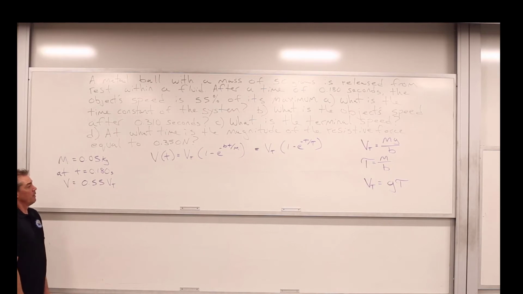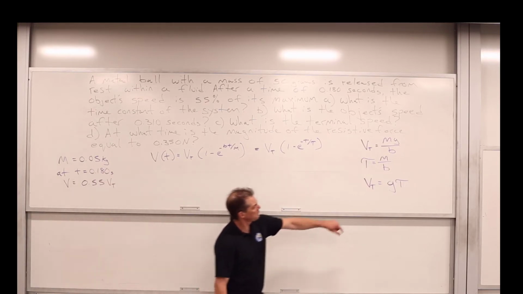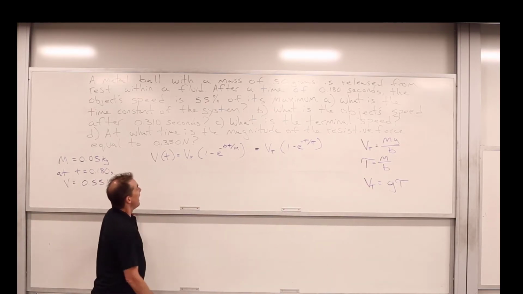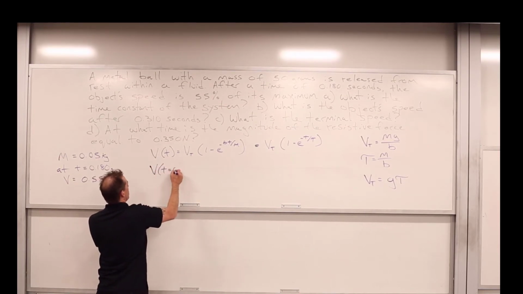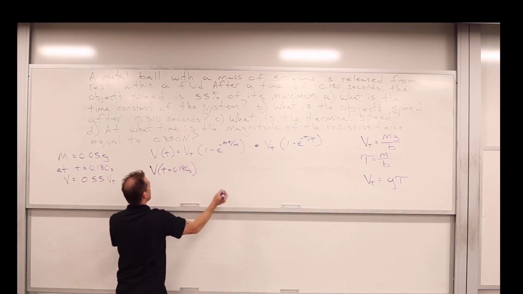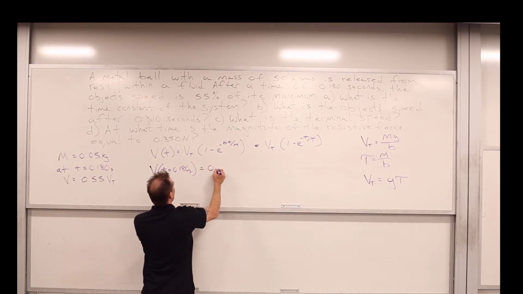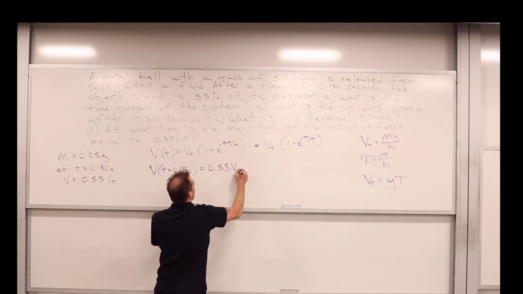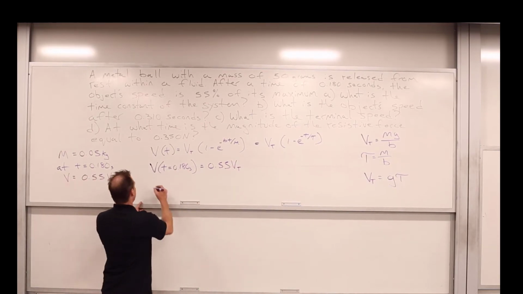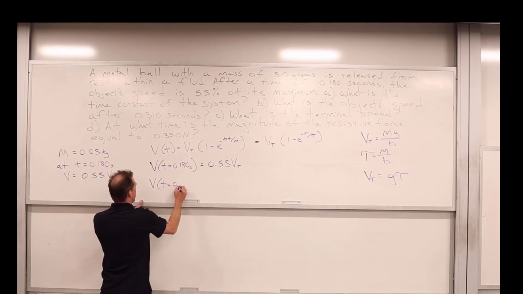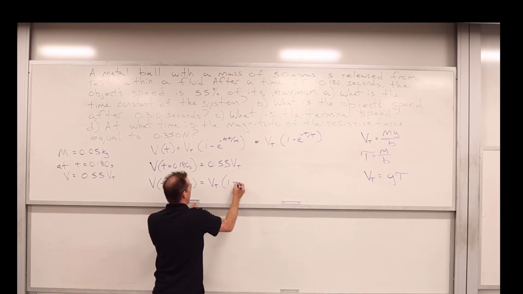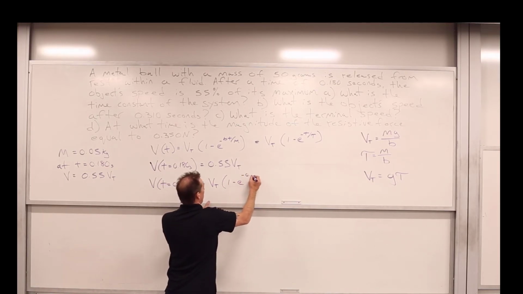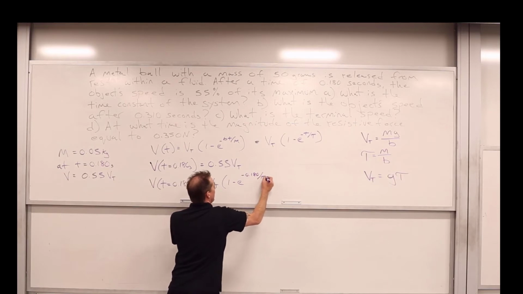However, it ends up not being necessary. I'll show you why momentarily, but this comes in handy here and there. At any rate, v of t at 0.180 seconds is 0.55 v sub t, and it is also v sub t times 1 minus e to the negative 0.180 divided by tau.